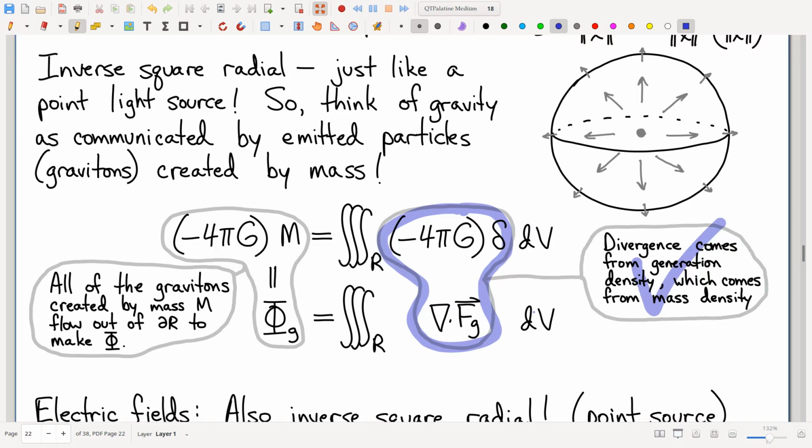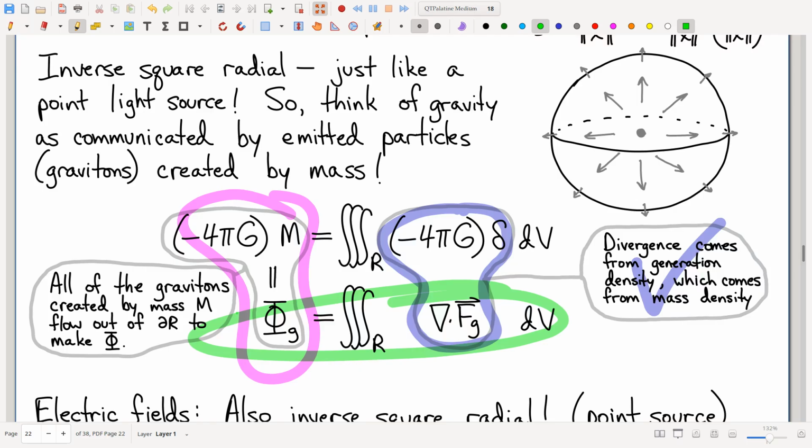That's a really natural, powerful conclusion. And it all comes out of two big points, right? The graviton point of view gives us this connection, and the divergence theorem gives us that connection. So, divergence theorem, again, a big deal in being able to make these conclusions.